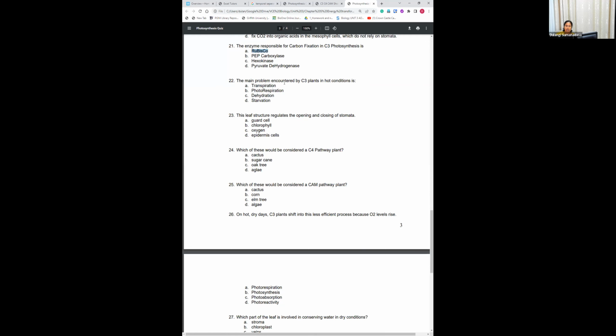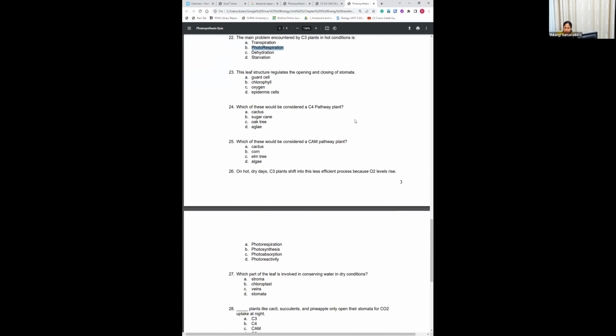The main problem encountered by C3 plants in hot conditions is the photorespiration. The leaf structure that regulates the opening and closing of the stomata is the guard cells.